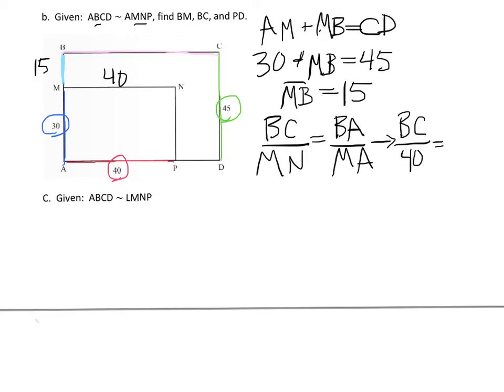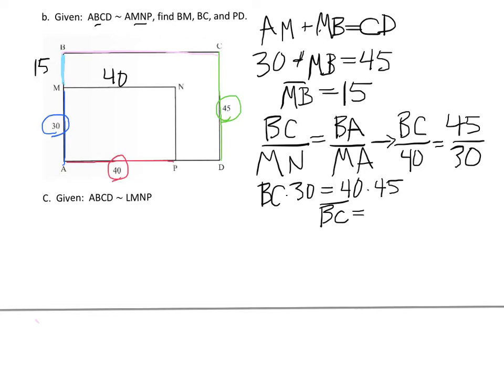BA is 30 plus 15, or I also just know it's 45. And MA is that piece that is 30. And so I set that up to be BC times 30 equals 40 times 45. Therefore, BC equals 60. All right, I'm almost there.